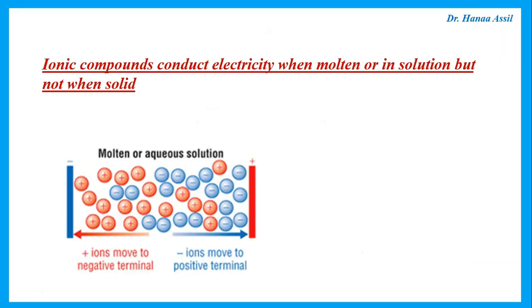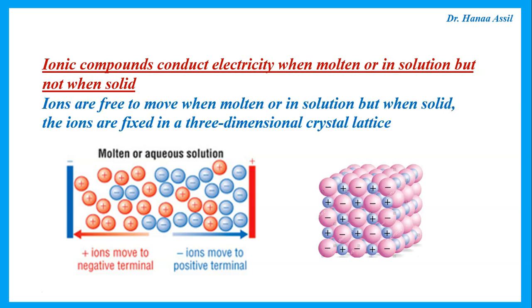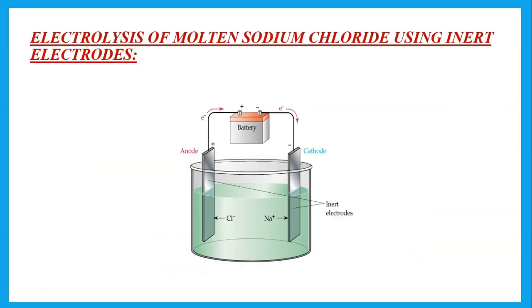We said before that ionic compounds conduct electricity when molten or in solution, but not when solid. That is because ions are free to move when they are molten or in solution, but when solid, the ions are fixed in the three-dimensional crystal lattice.